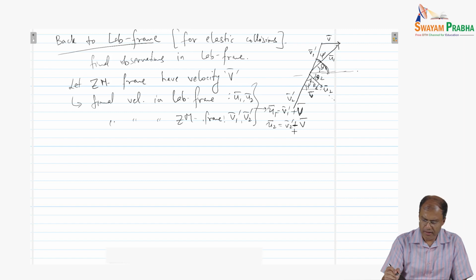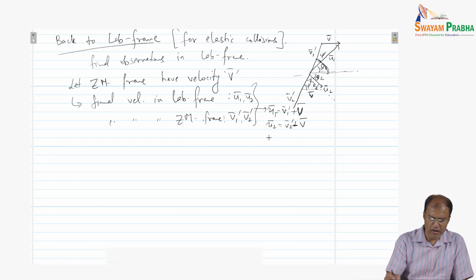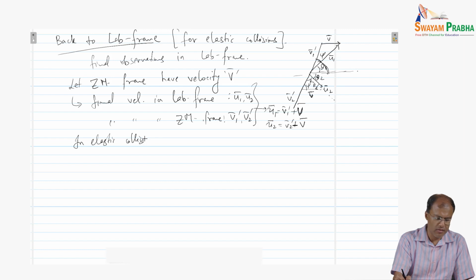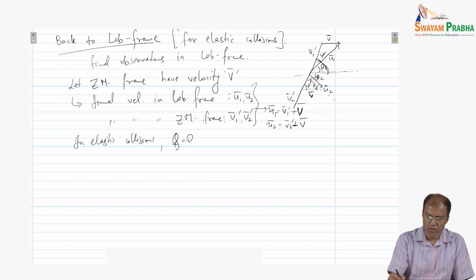So these are the relations between the zero momentum frame final velocities and the lab frame. We see that in elastic collisions, q is 0, or we have that all momenta are equal. That is what the conclusion was.